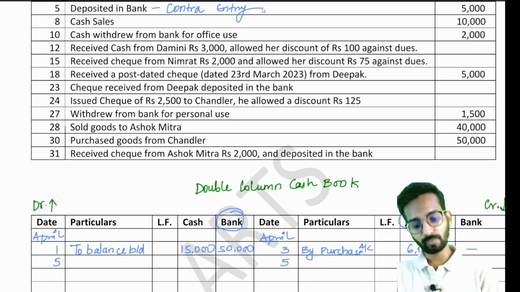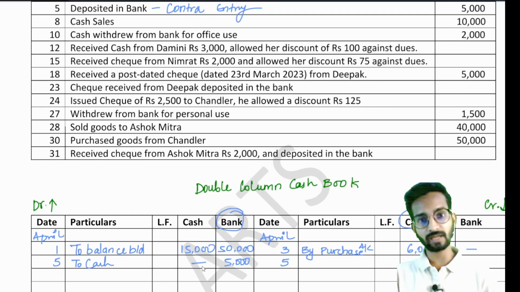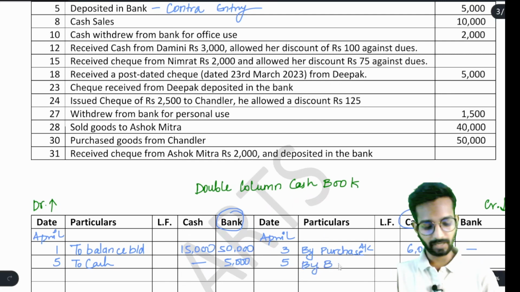Now see, deposited in bank how much? 5,000. So I can say my bank balance is increasing. To cash how much? 5,000. Is my cash balance increasing? No sir, cash balance is not increasing, cash balance is decreasing. So I will write here by bank in cash balance 5,000.